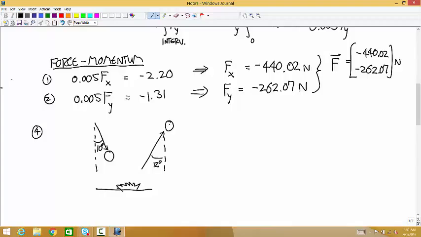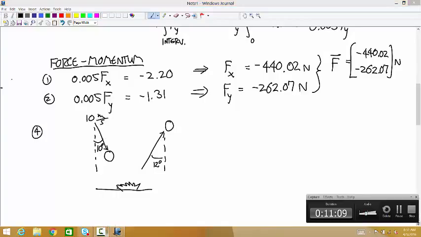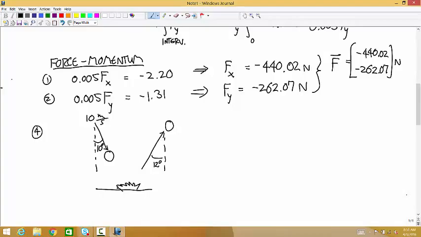Before the collision, it has a speed of 10 meters per second. And after the collision, it has a speed of 8 meters per second. And we want to figure out, first, what's the average net force during the collision acting on that mass.